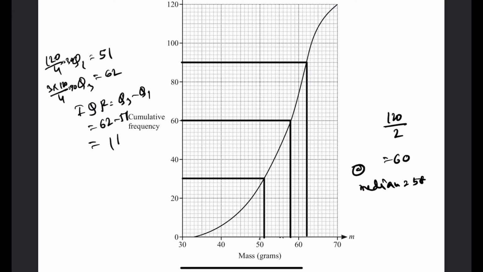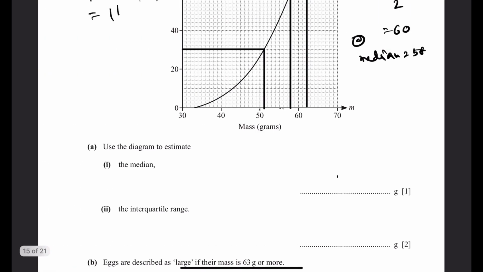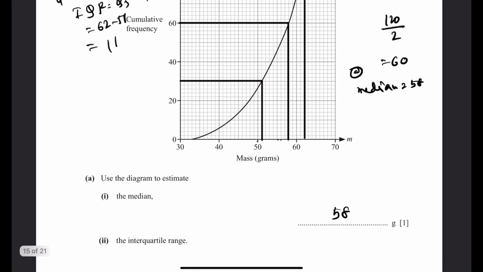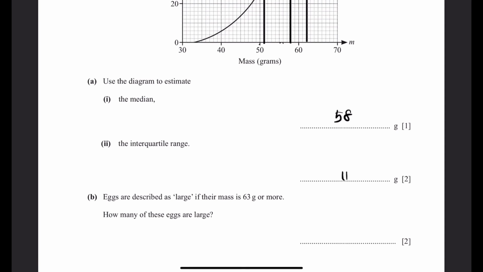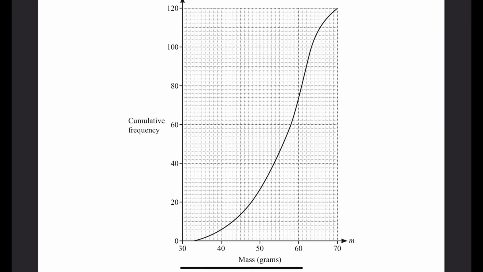So interquartile range is 88 and interquartile range is 11 gram. If it is more than 63 gram or more, so let's say 63 grams or more, 98.